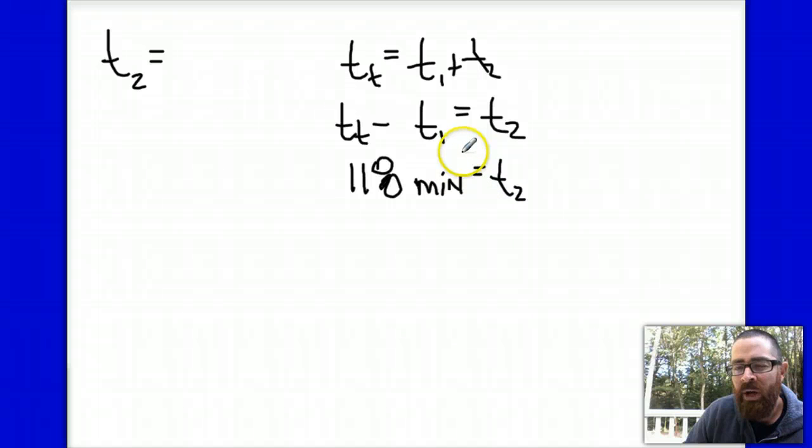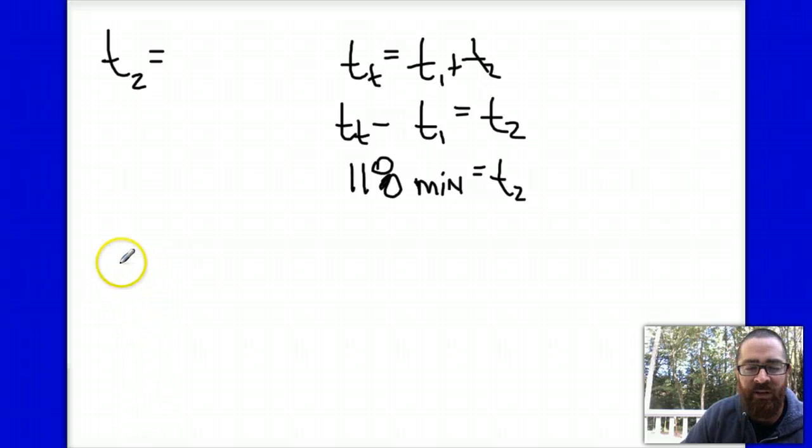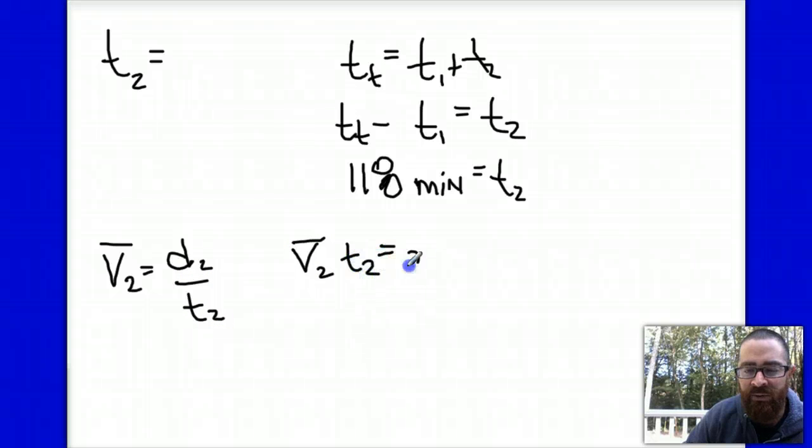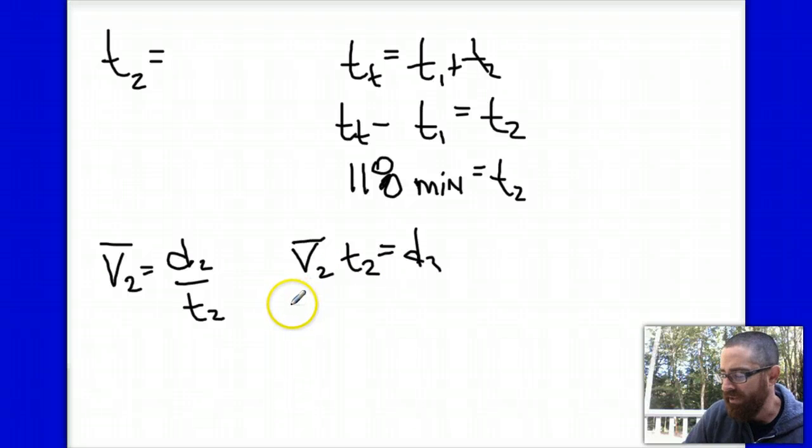I now know the time during the second interval, so my next step will be to find the distance during the second interval. I've got my average velocity is going to be the distance in the second interval divided by the time during the second interval. Everything is known except for d2, so I'll rearrange the equation. I get average velocity times time is equal to d2, or the distance traveled during that second interval. In this part, it can be a little tricky. You can leave it in kilometers per hour or convert it to meters per second. You just have to have some unit consistency.